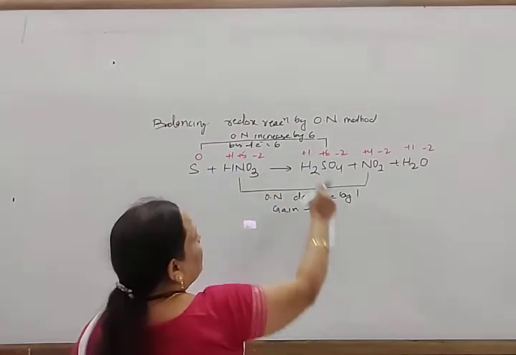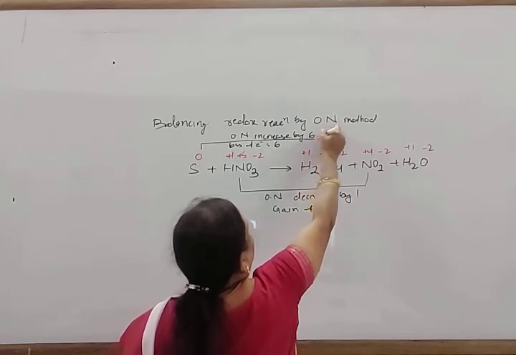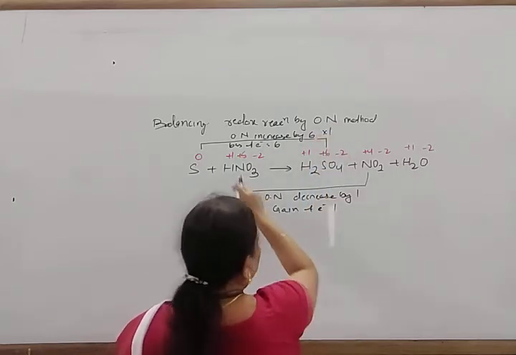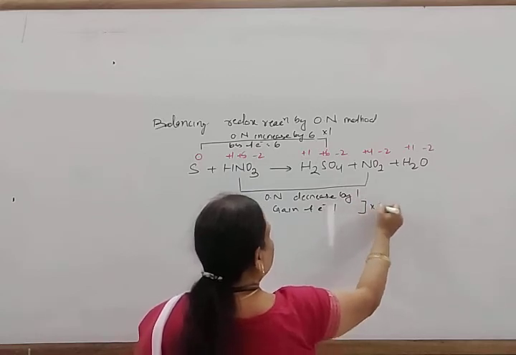So multiply by a suitable number: multiply the sulfur term by 1 and the HNO3 to NO2 term by 6.